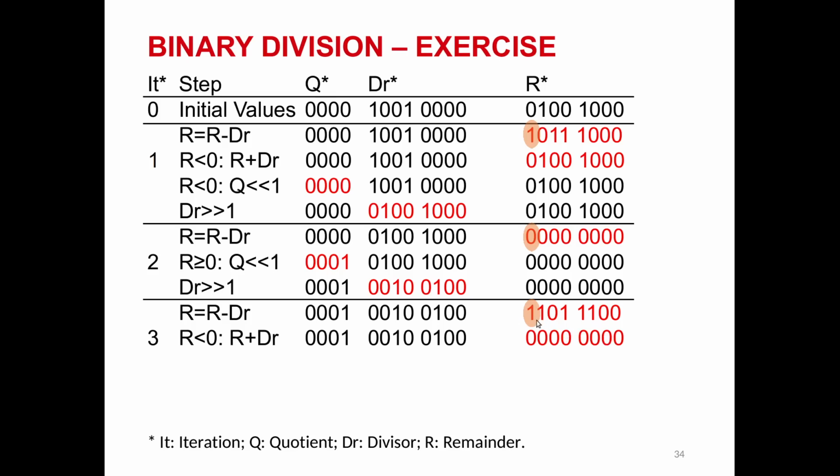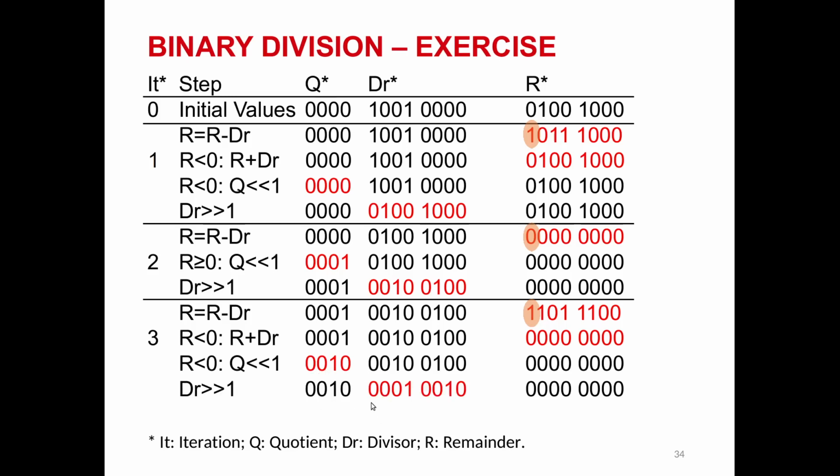And it also implies that the least significant bit in Q will be 0, and so we put 0 here in Q and shift everything 1 bit to the left, and the new result available in Q is 0 0 1 0. And DR will be shifted 1 further bit to the right.